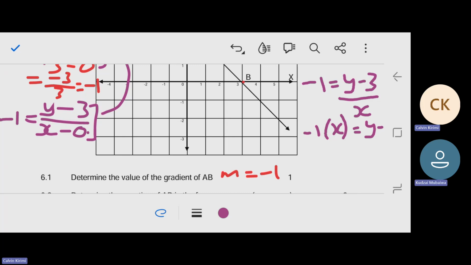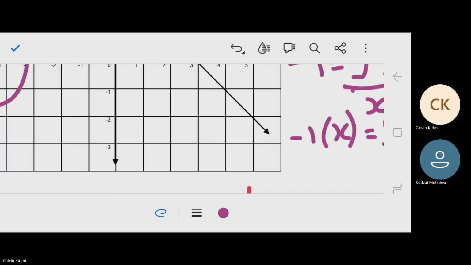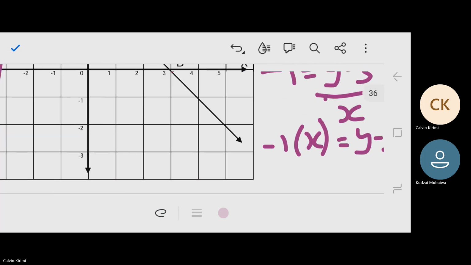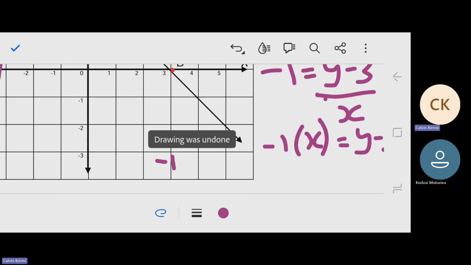Minus 3, isn't it? Yes, sir. Y minus 3. So -1 times x is equal to y minus 3.